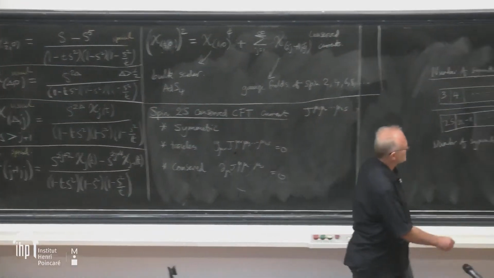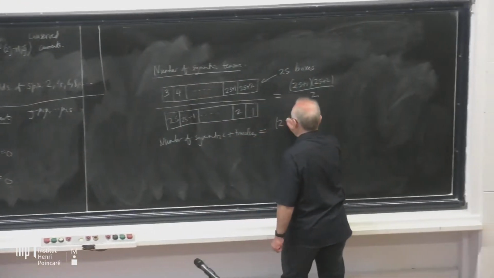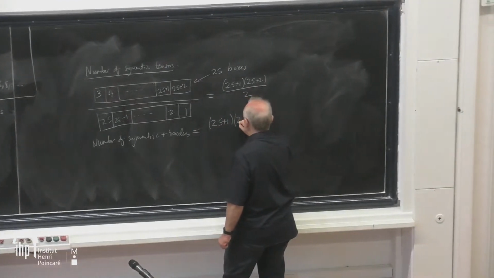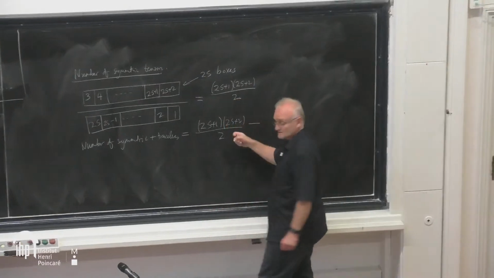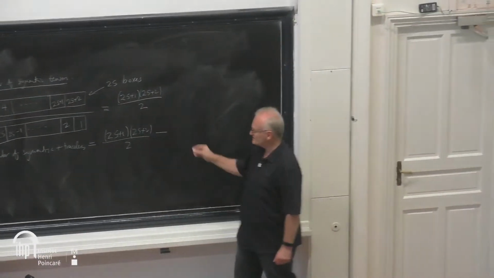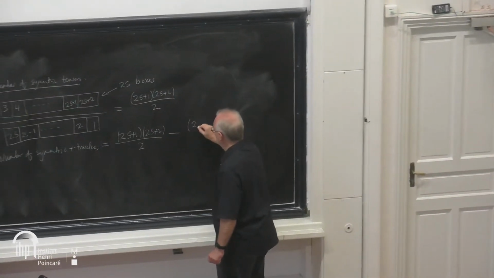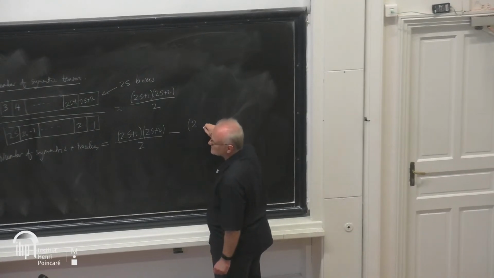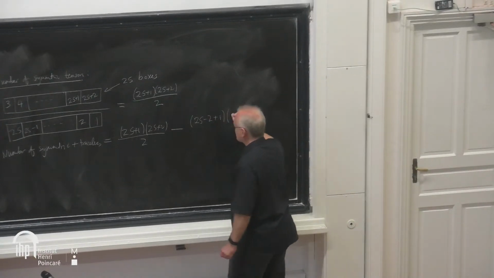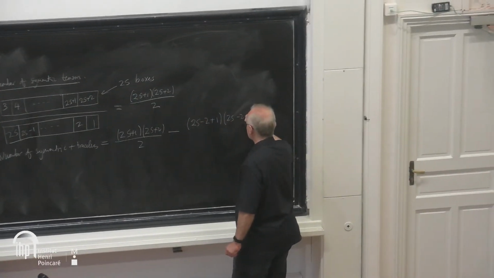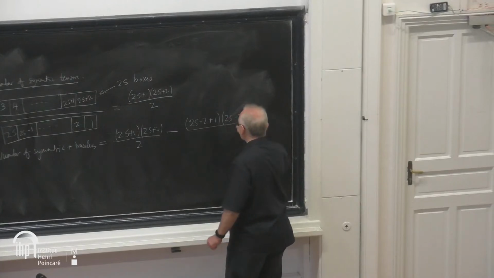So this will be 2s plus 1, 2s plus 2 over 2 minus, that's the number of symmetric tensors, and then 2s minus 2 plus 1, 2s minus 2 plus 2 over 2.